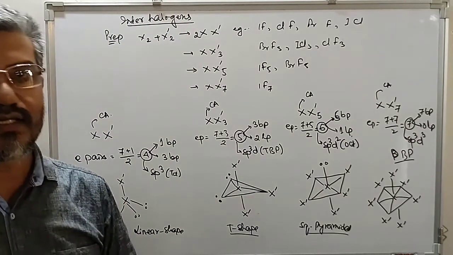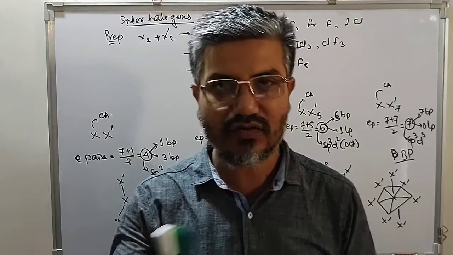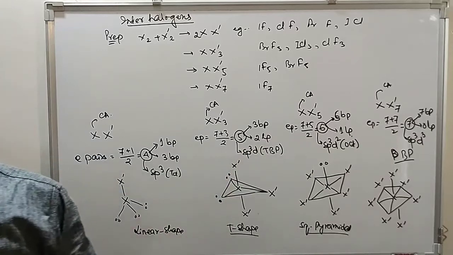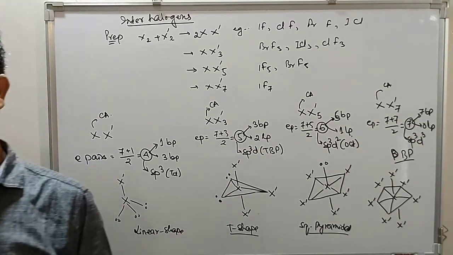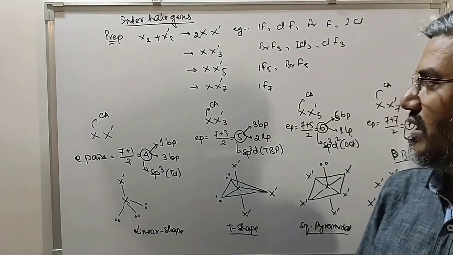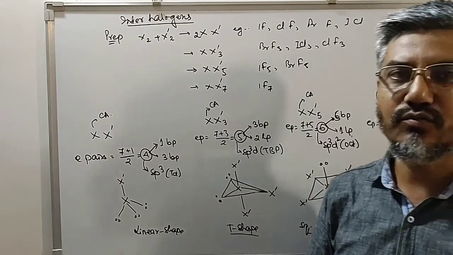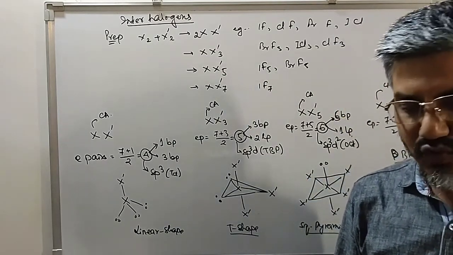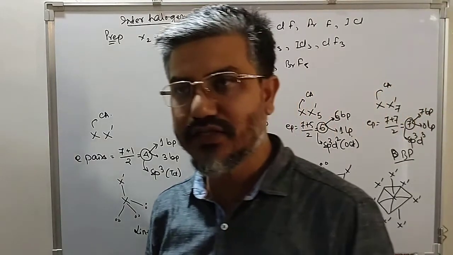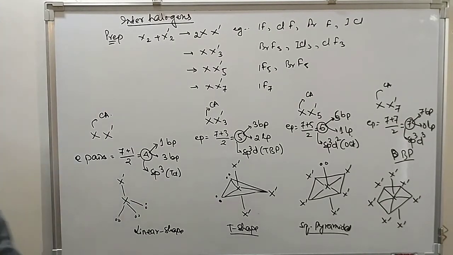Now as the electronegativity difference increases, the stability of these inter-halogens also increases. So when we compare the stability of inter-halogens, we have to see the electronegativity difference. Keep in mind, all these inter-halogens are more reactive than the corresponding halogens from which they are prepared, due to less polarization of the XX prime bond.